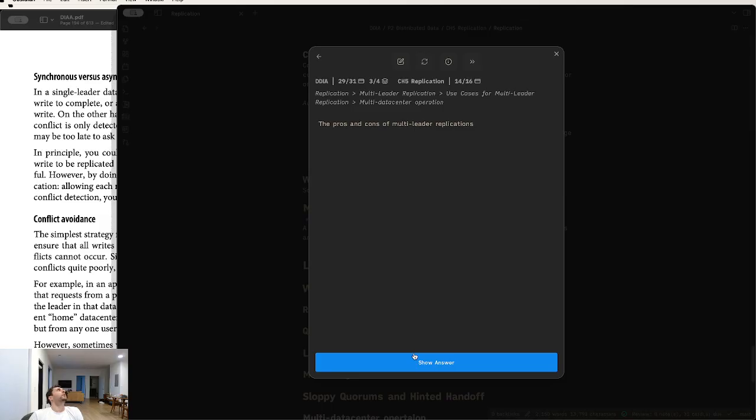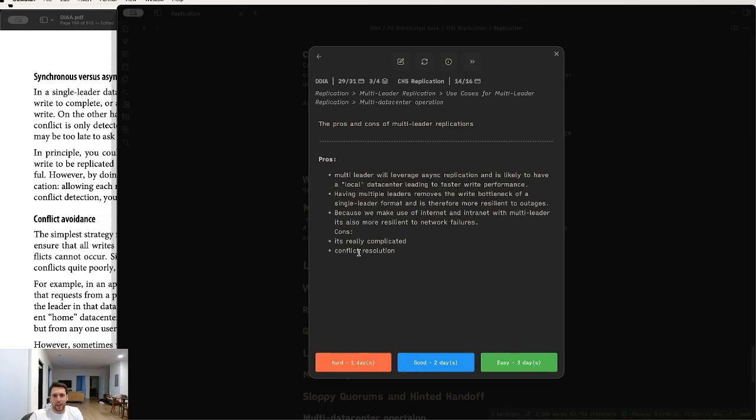Cons. It's really complicated and you have to deal with conflicts. Faster writes, no more bottleneck, and you're resilient to outages, and better internet resiliency too.